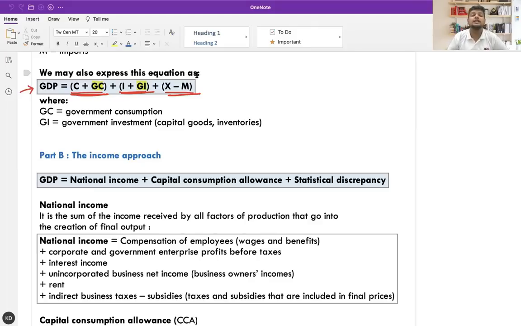This approach is called the expenditure approach of GDP. Remember these two equations: C plus I plus G plus X minus M, and that equation when I expand the G, the government purchases is converted into government consumption and government investment.